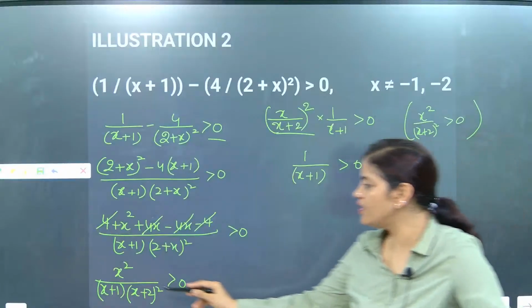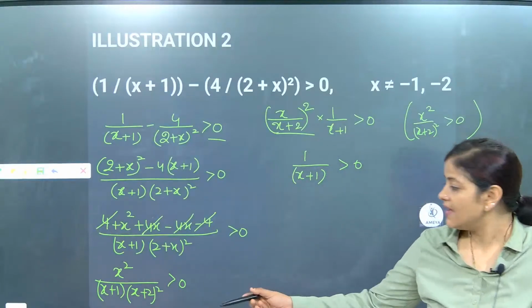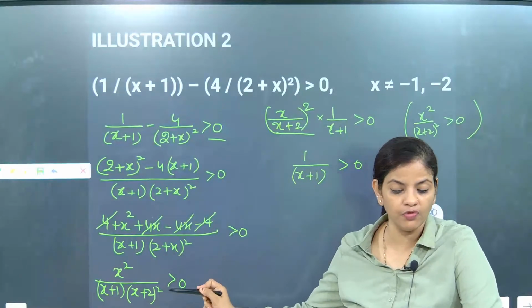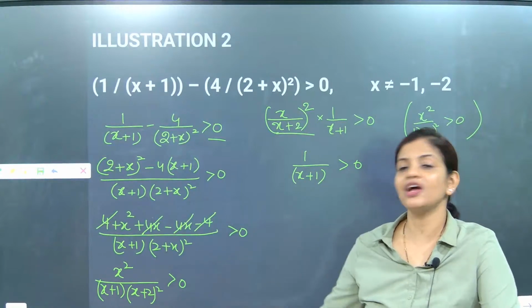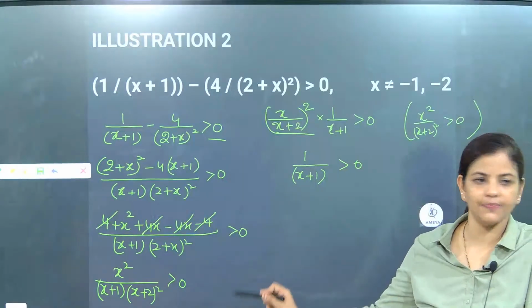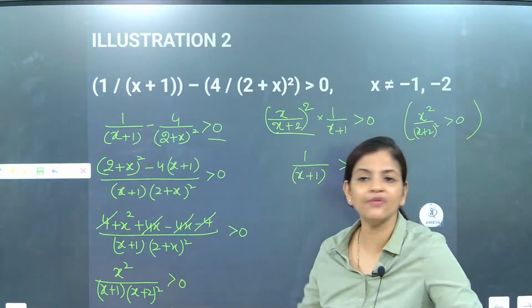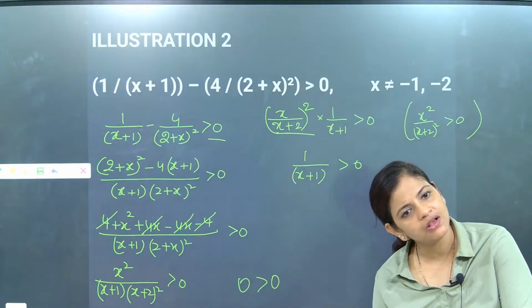But when you will be solving here, the moment you put x equal to 0, see, this is a part of the inequality. It will be there. Don't think that we are removing it. For finding the regions, we are not going to consider it, but it is there in the inequality. Now the moment you put x equal to 0, the left side will become 0, and 0 strictly greater than 0 is not possible.